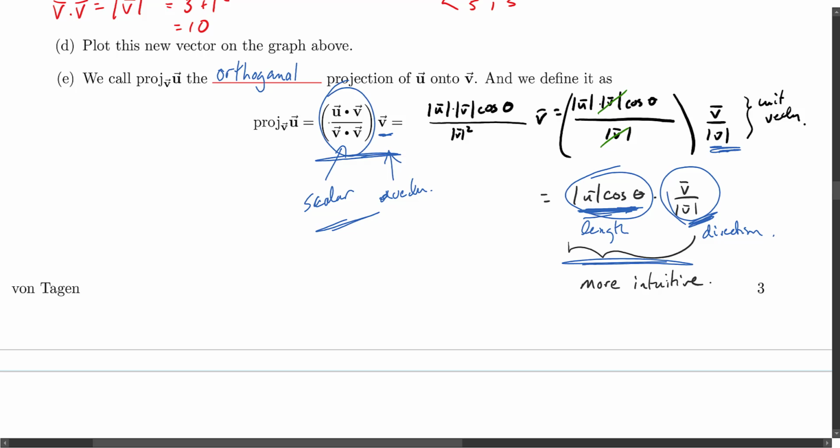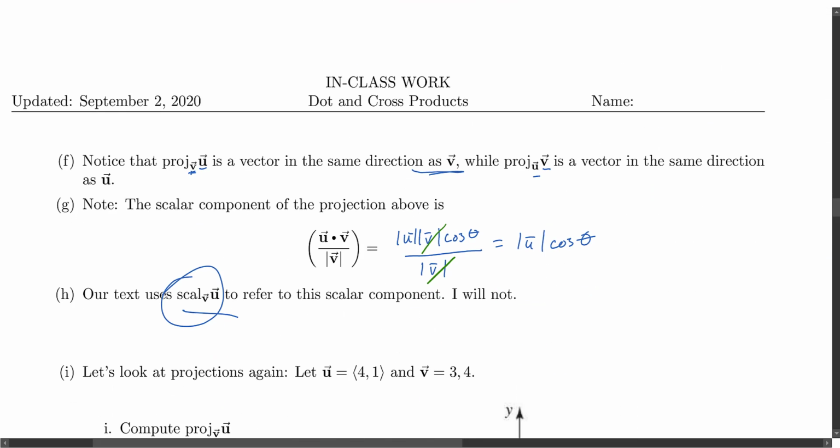But this expression right here does not give us what the book is calling that scalar component, and so because I find that a little bit confusing, I'm not going to focus on this, although you'll have a couple of homework questions about it.